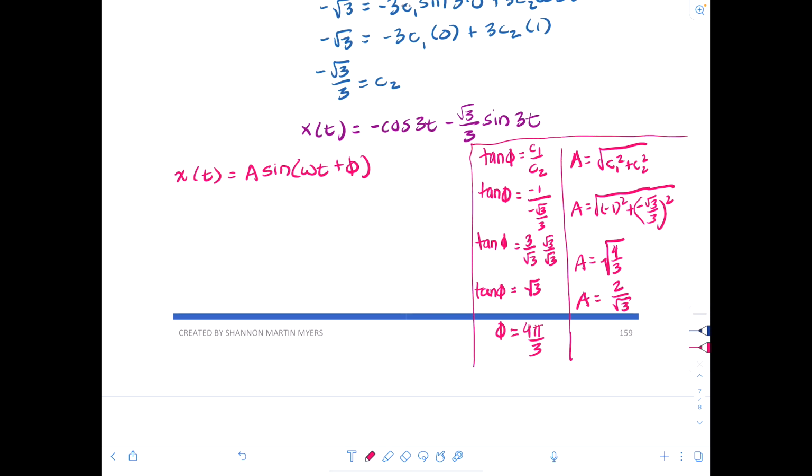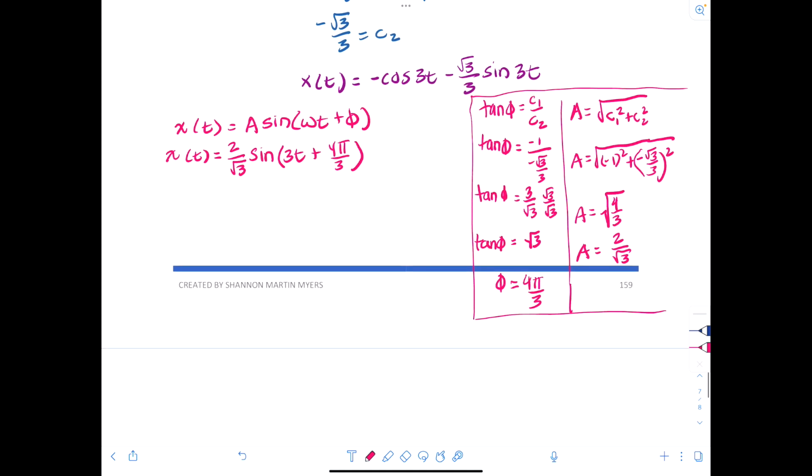So now, here we go. X at t will be equal to a, which is 2 over the square root of 3, times sine at omega, which we had from before as 3t, and then plus 4 pi over 3.